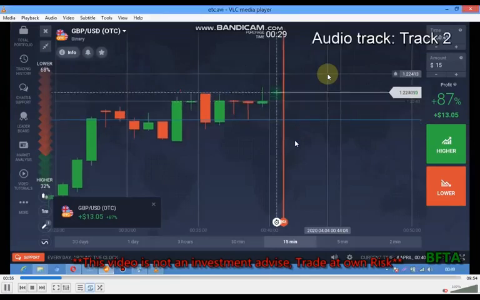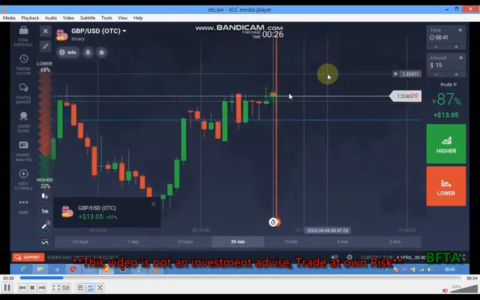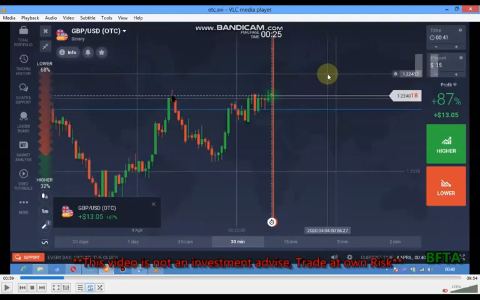Once I saw that, I could see that the candle even opened at this area, this sellers area. You can see the opening price. So immediately I saw that, I just went back again. I saw that the sellers area is here, because you can see it opened above all this.